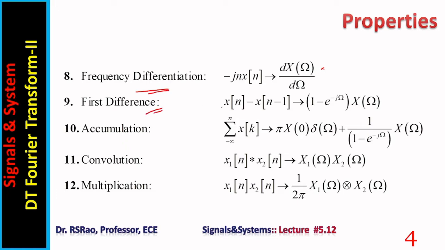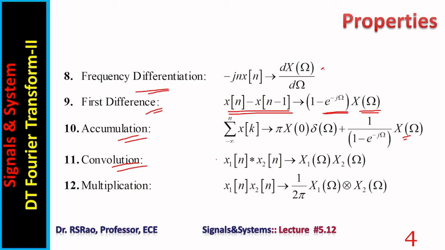First difference. Transform of x of n minus x of n minus 1 is equal to 1 minus e power minus j omega multiplied by X of omega. Accumulation property. Transform of summation x of k, k ranging from minus infinity to n, is pi X of 0 delta of omega plus 1 by 1 minus e power minus j omega X of omega. Convolution property.